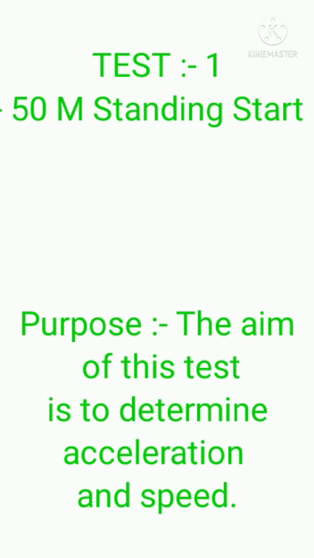Okay, next, serial number 3 is purpose. In this purpose part you have to write the aim of this test, which is to determine acceleration and speed. That means in the 50-meter standing start position, the aim of this test is to determine acceleration and speed.